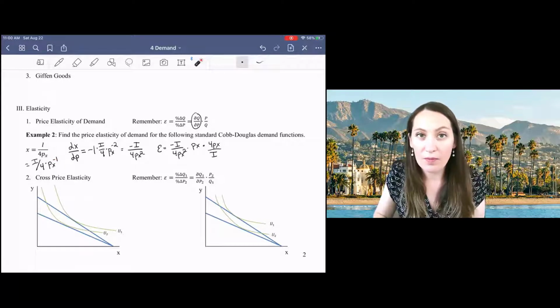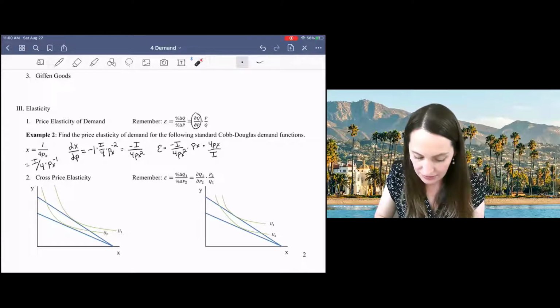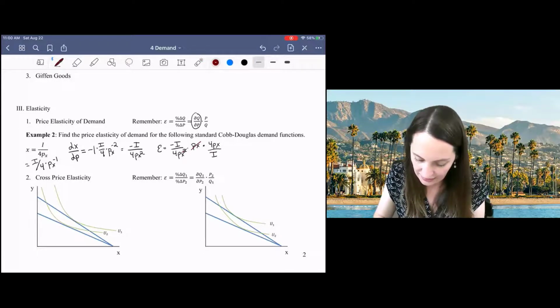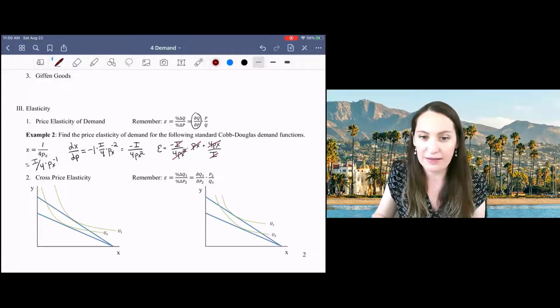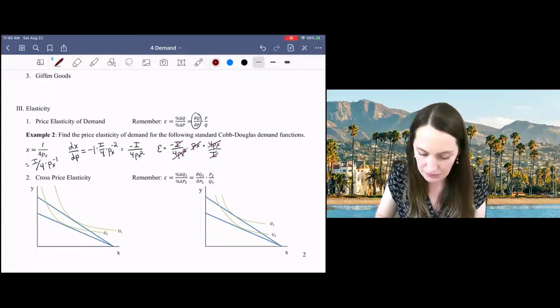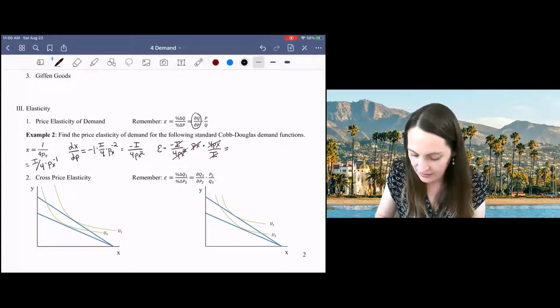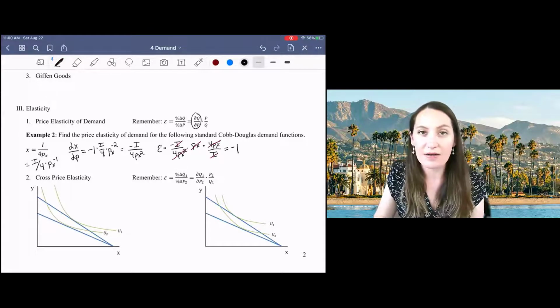Now, you'll probably notice right away that lots of stuff is canceling out here. Right, I've got my px, which cancels out the square, the I with the I, and now I've got a 4px and a 4px. So everything canceled. And what I'm left with is an elasticity that's equal to negative 1.